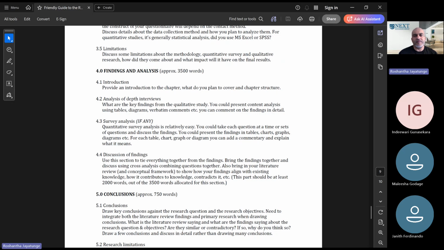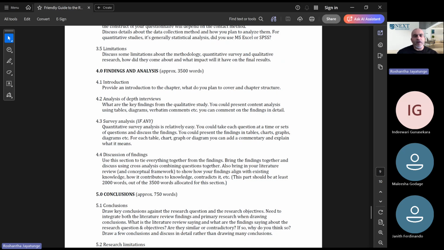In your IBF, you are writing about 3,500 words. So when you're doing a 3,500 word chapter, how do you structure it? The bulk of your writing should be for the analysis of the interviews, the analysis of the quantitative survey, and the discussion of findings.